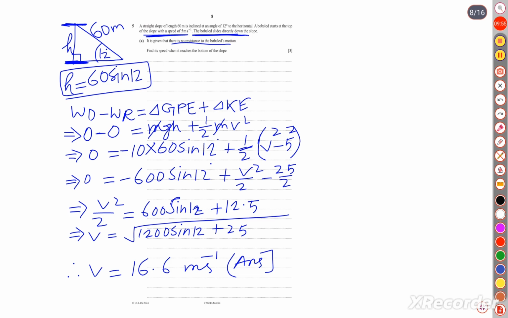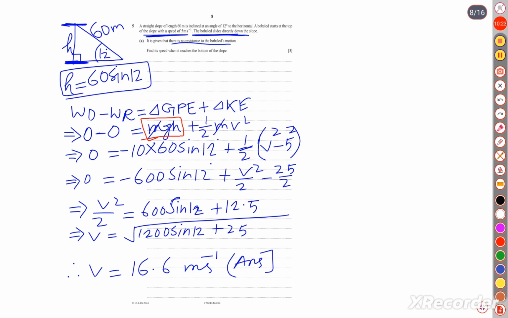Now there may arise one more question: in other concepts, in the concepts of Newton's laws of motion, we use weight as the driving force, so why not here? Actually, weight has been dissolved by the change in potential energy. Look at this here. We have already dissolved the weight through the change in GPE.